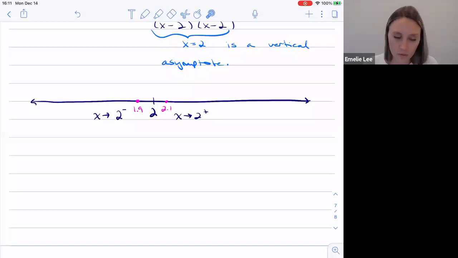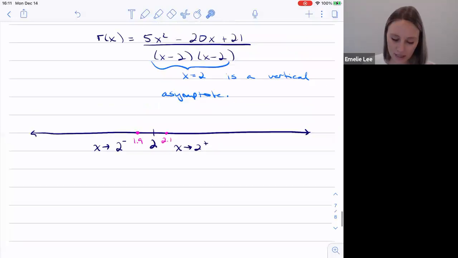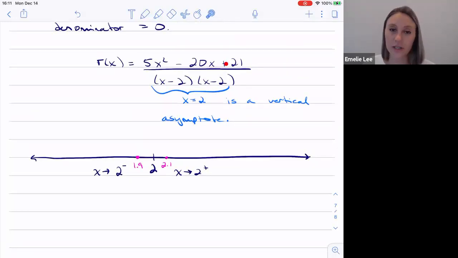But instead of using that sign chart that we used in class, because I don't have it factored, I just want to show you that you don't necessarily need to have it factored. So I'm just going to plug in x equals 1.9. If I get a positive value, it's going up towards positive infinity.